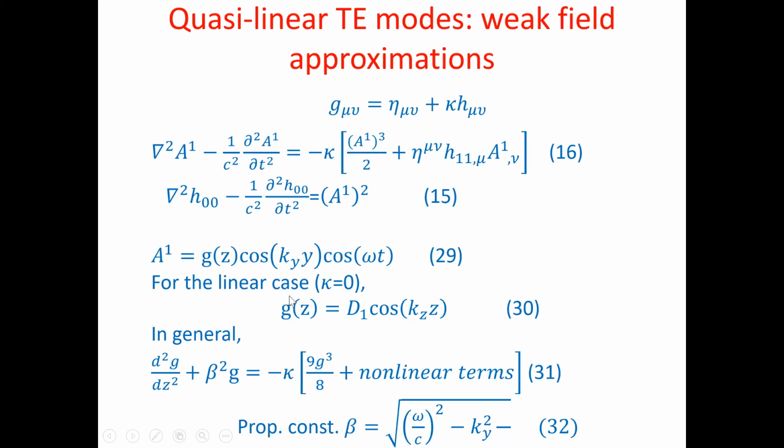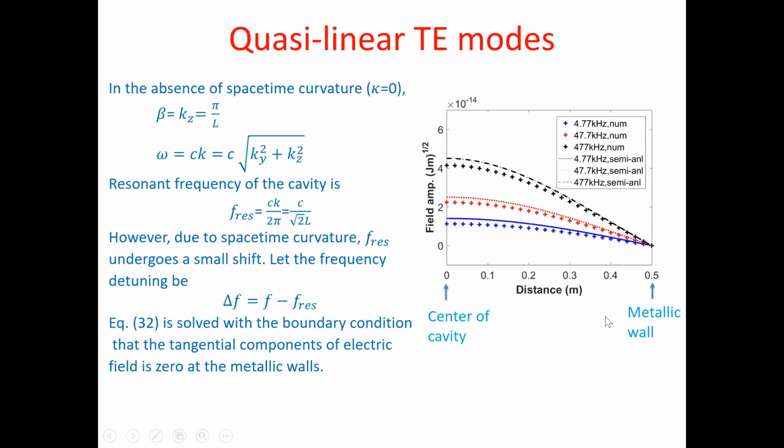For the linear case, that's when kappa is 0, Gz is given by a cosine function. In general, Gz is obtained by solving this nonlinear equation. Here beta is the propagation constant. The solution of 31 is shown here, labeled as semi-analytical.